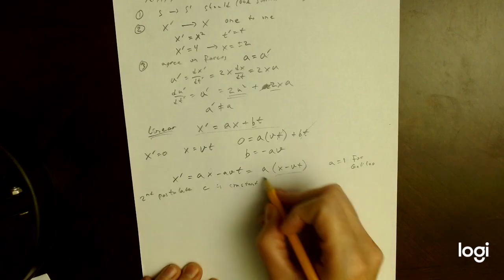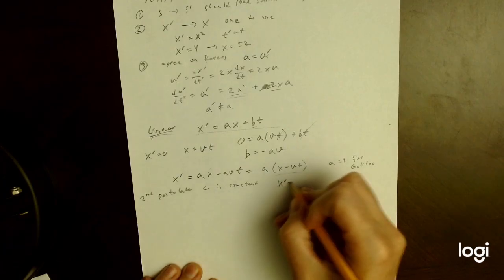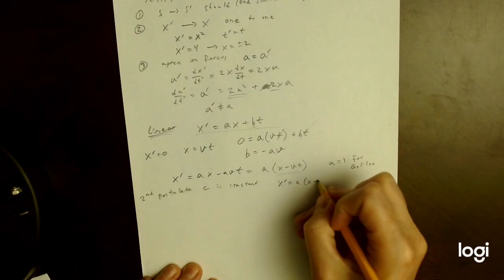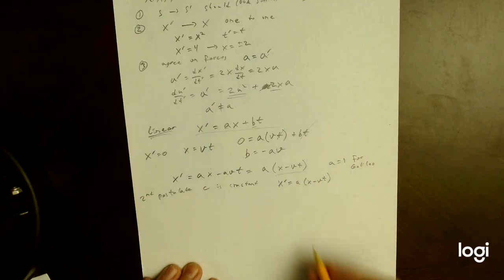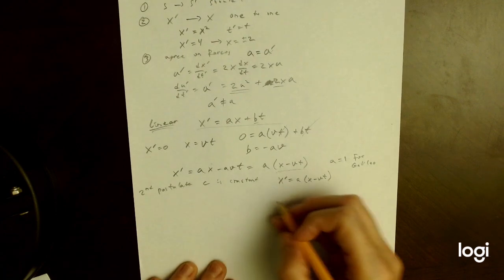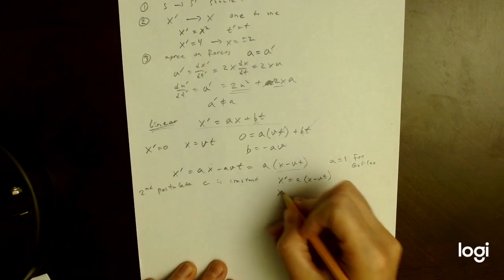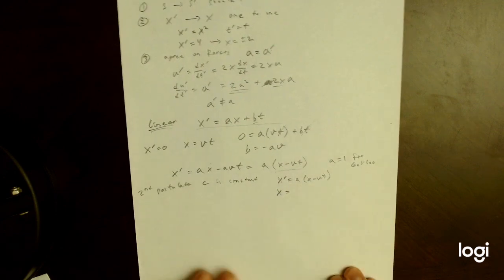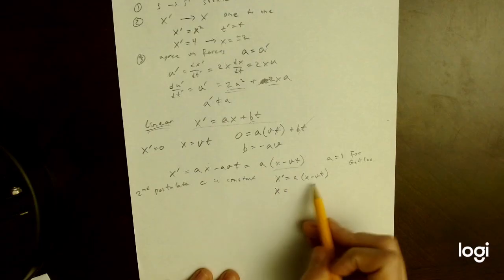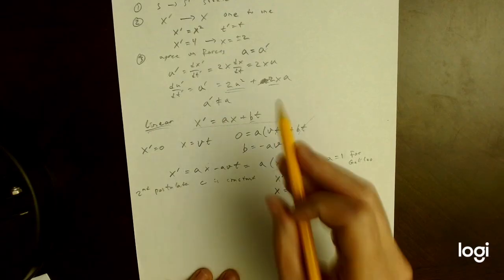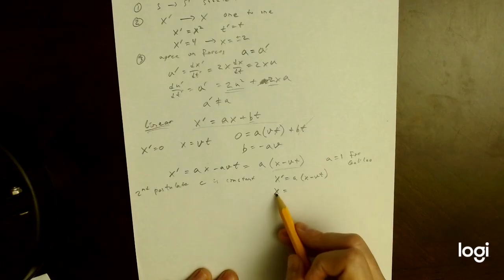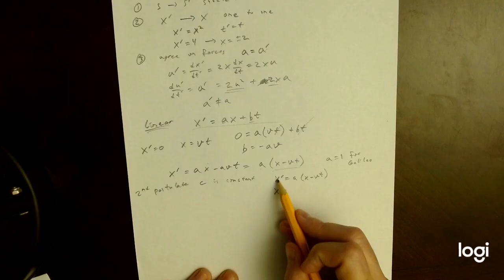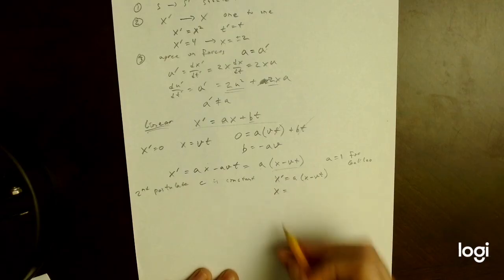And I'm actually going to write out, so here I've got x prime equals a times x minus vt as one equation. I can actually write the inverse transform, say x related to the primed coordinates. All I have to do is swap the sign of v, like I said before, because now we're talking about from x's perspective, how does x prime move, and from x prime's perspective, how does x move?